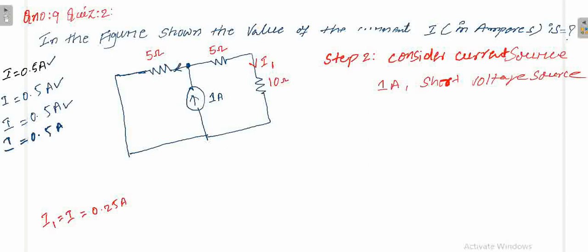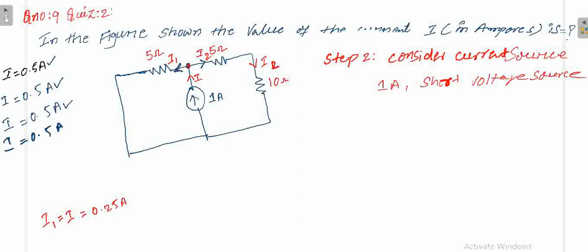Some amount of current flows into this branch and some amount of current flows into this branch. I want to find I2. So let us consider this is a response I2. Let us consider this is your I1 current and this is your I2 current. So this is your total current. The total current is coming to this branch and it is divided into I1 and I2.